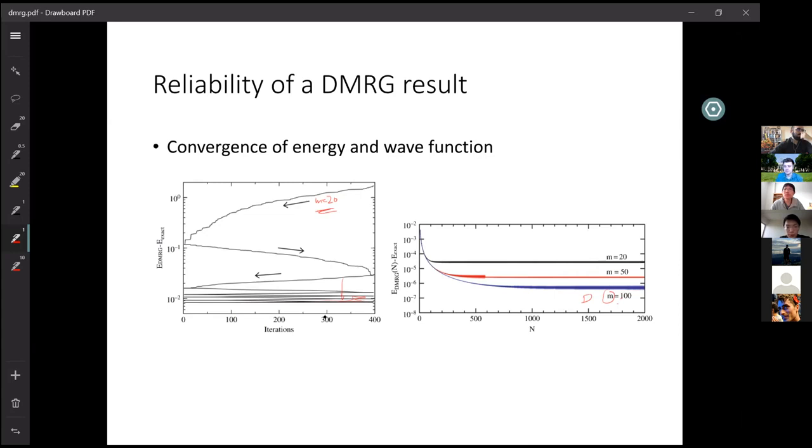When I'm looking at this plot on the right, I notice that at M equals 50 there's this weird oscillation, maybe just an artifact of the plot. Sometimes there is some oscillation, because every time you don't always reduce the energy; you mess up the state a little bit by doing the truncation. So the energy doesn't necessarily always go down.